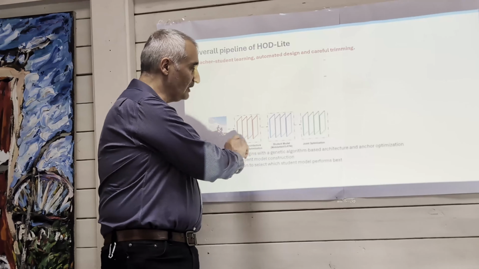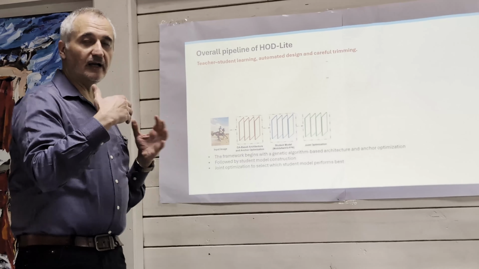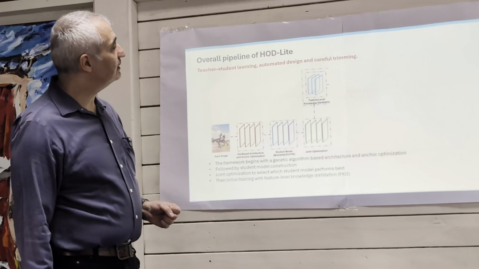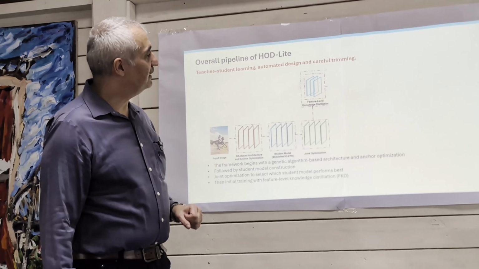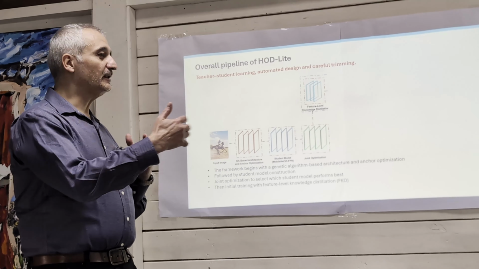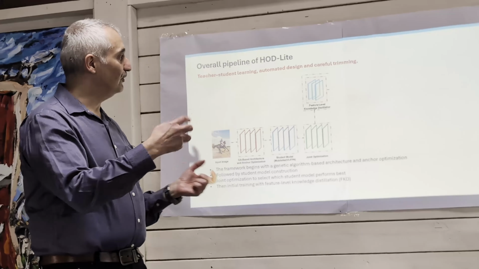It's not just one student model. We will look at which iteration of the model performs best, and then go up and do another feature level knowledge distillation. So again, learning what parts did what, and then deciding what to retain.